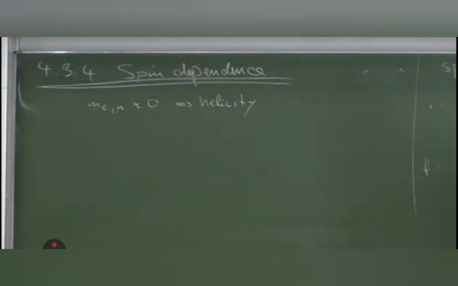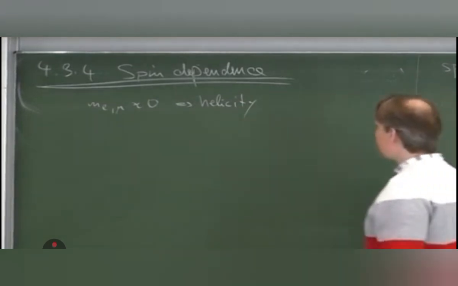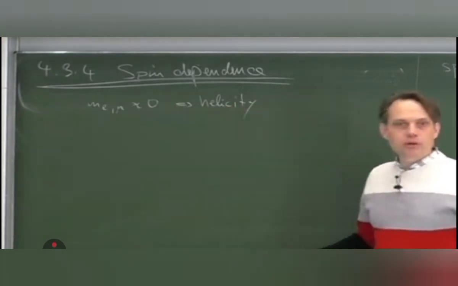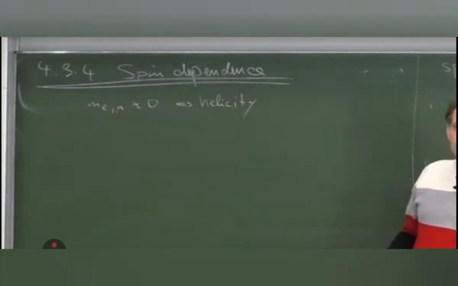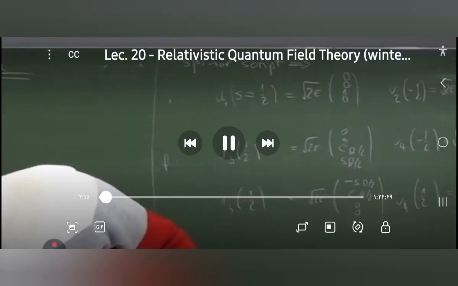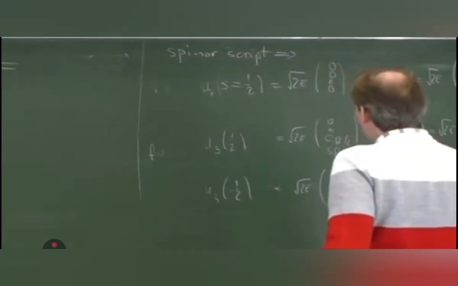And that is the special thing about the massless limit. And in the massless limit, helicity becomes equal to the so-called chirality. And chirality is the concept of eigenvalues of the gamma 5 matrix. And let me just indicate that here.